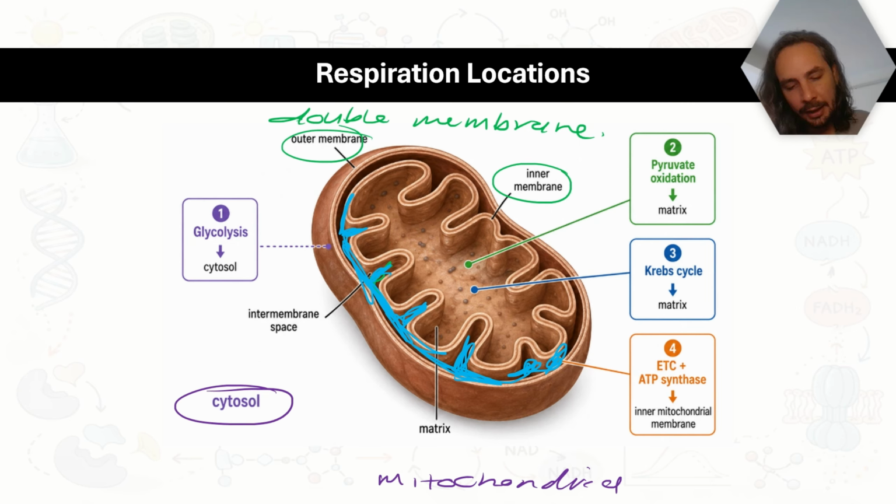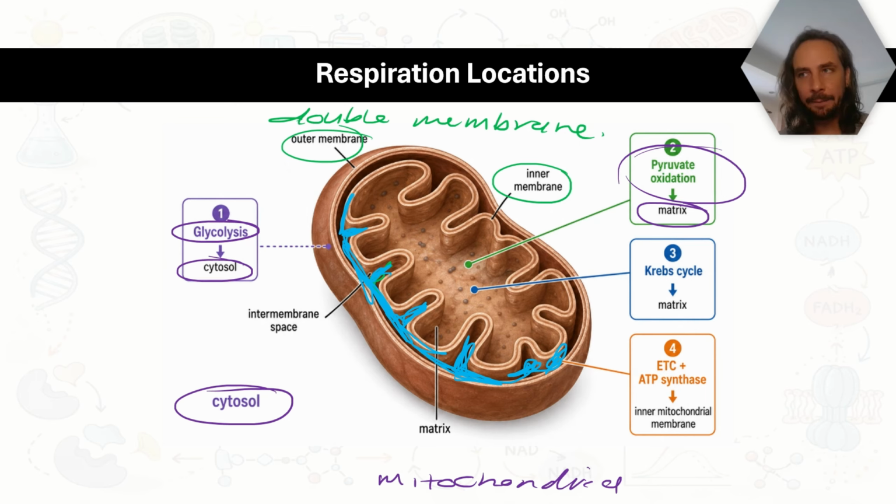Now, glycolysis happens in the cytosol, and this is a shared common pathway for all organisms. Then the pyruvate enters the matrix, and this is where it will be oxidized, and we'll learn what that means.